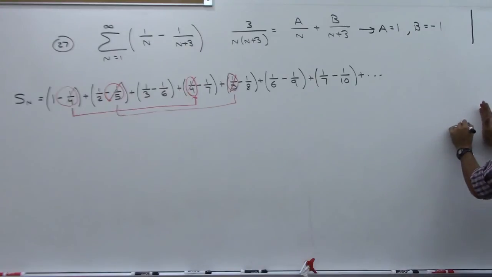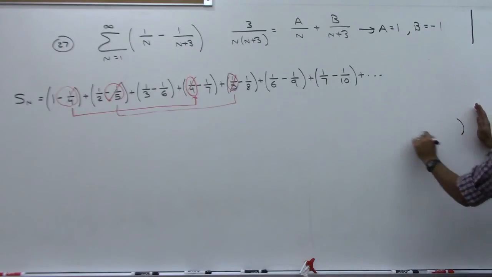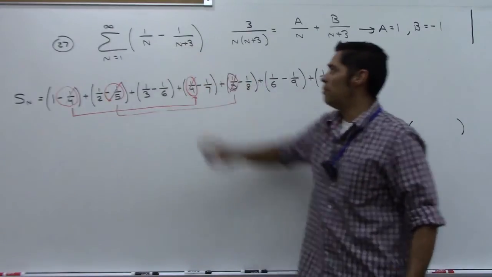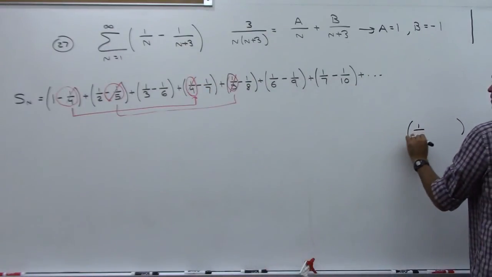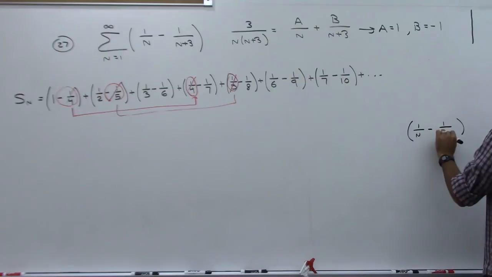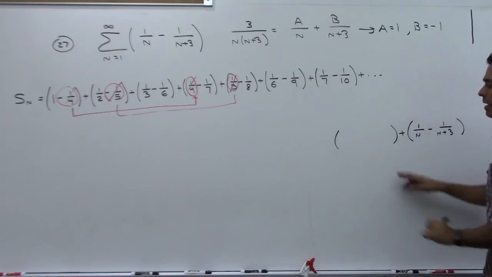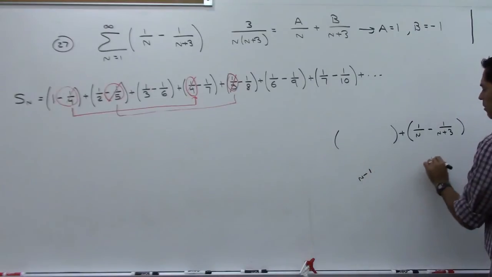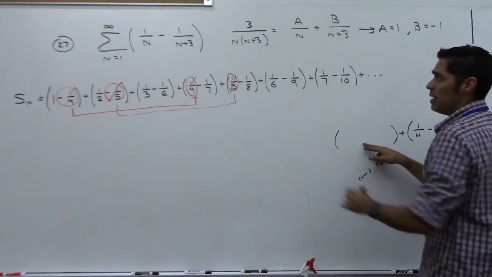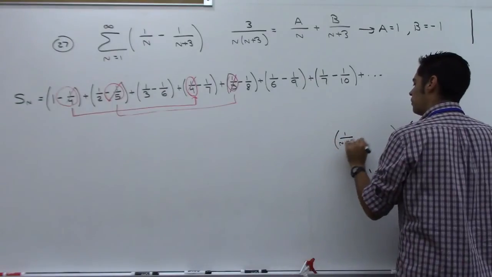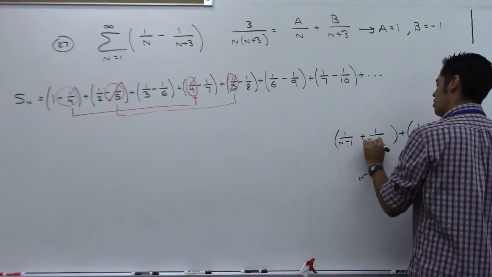So I'm going to do it like this. I'm going to start here. The last piece of my nth partial sum will be that with n plugged in, which is just itself. The one right before it is what I get when I plug in n minus 1. This is what I get when I plug in n. So when I plug in n minus 1 right here, I get 1 over n minus 1 plus 1 over n plus 2.